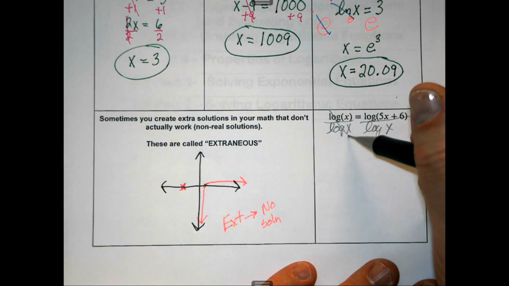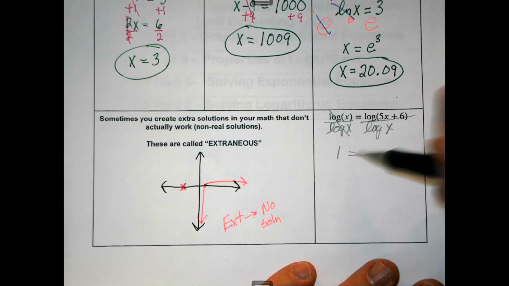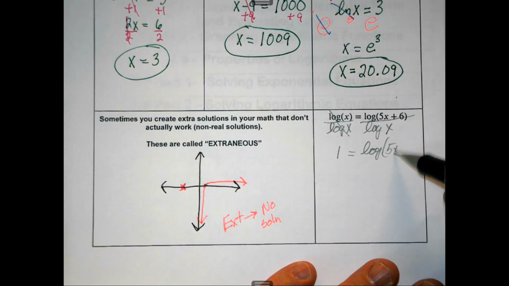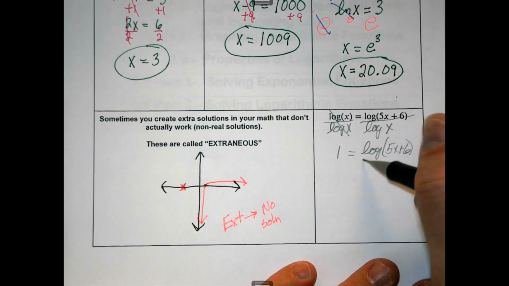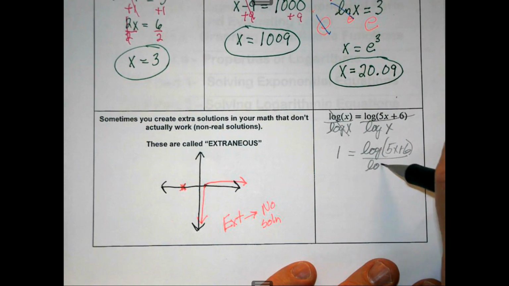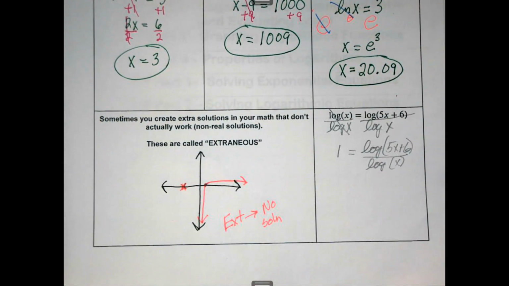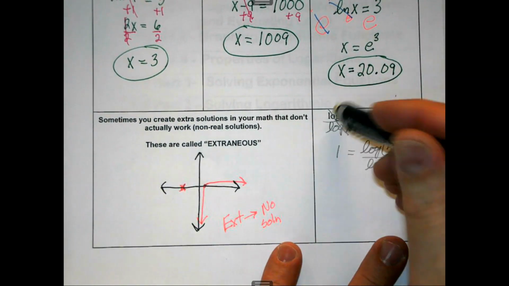So these cancel out to 1 equals log of 5x plus 6 over log of x. That didn't help me out too much, did it? Because I got to get x by itself. And the only way I get x by itself is I got to get rid of that log.